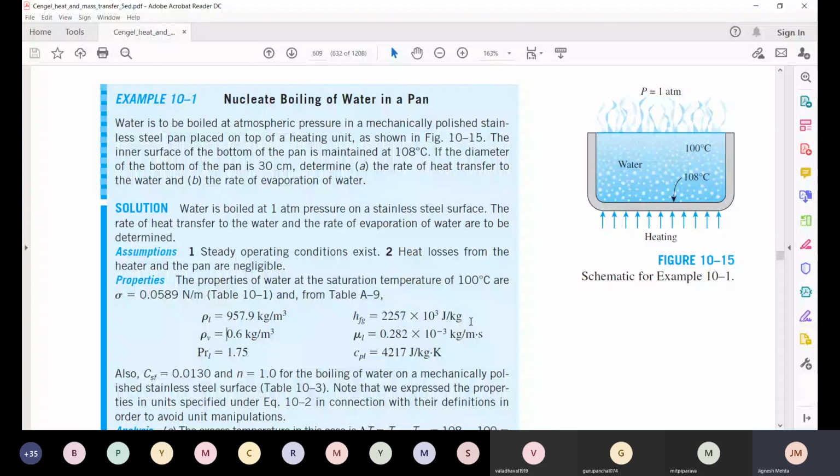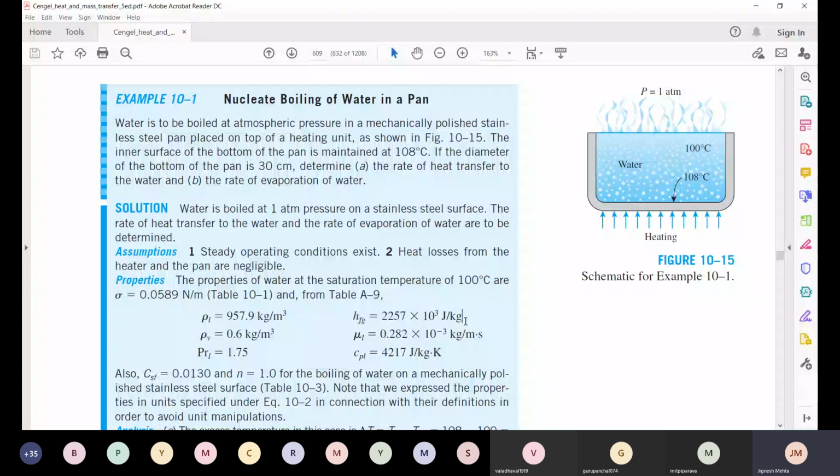So you have to be careful while putting the units, because the table gives you 2257 kilojoule. So don't put kilojoule directly into the correlation. Otherwise, the answer will not be correct. So all units should be at par with one another.